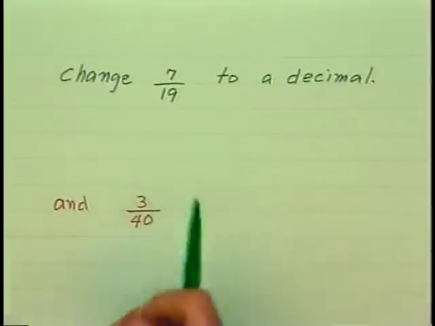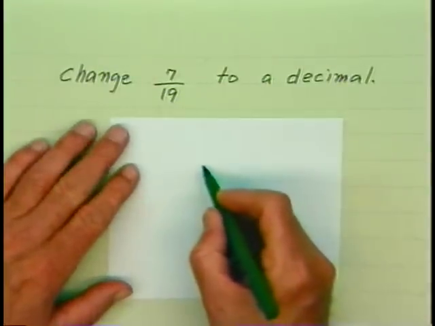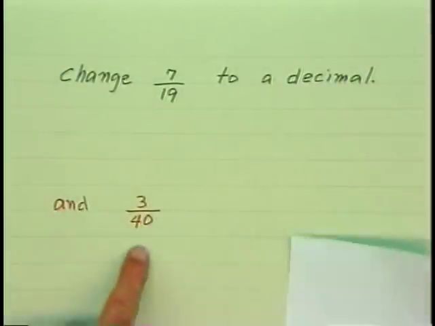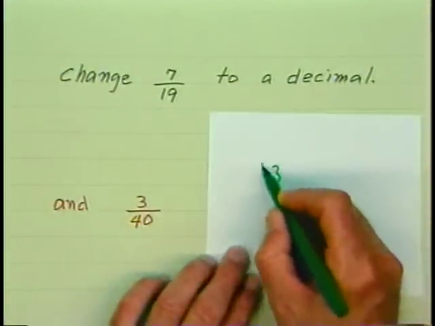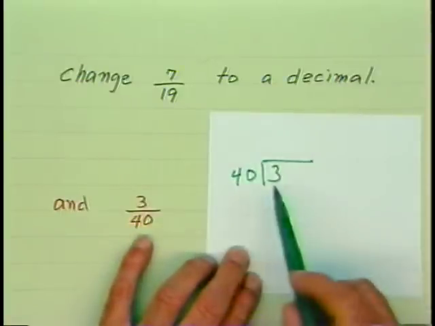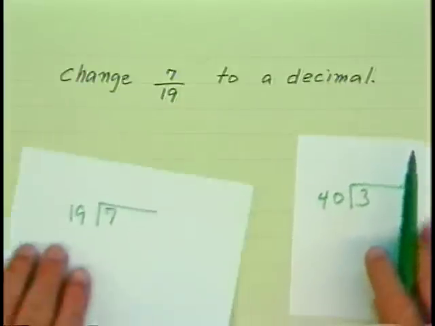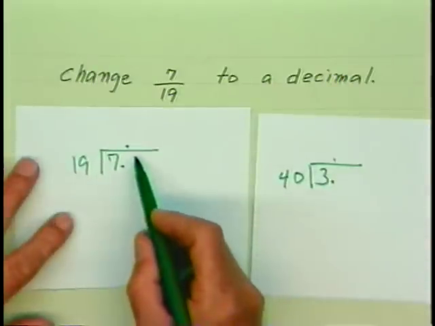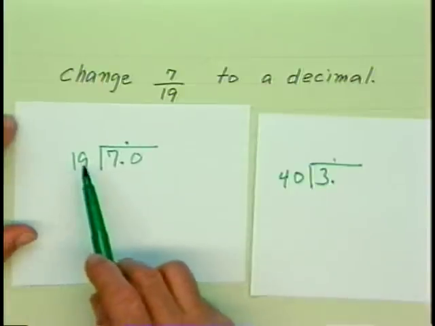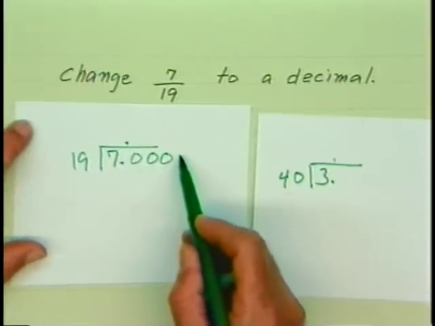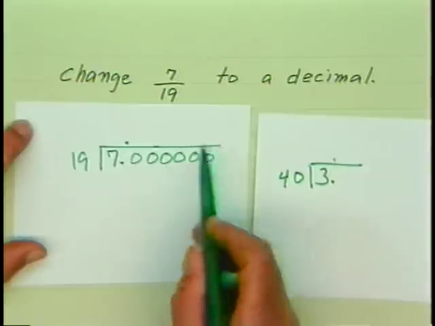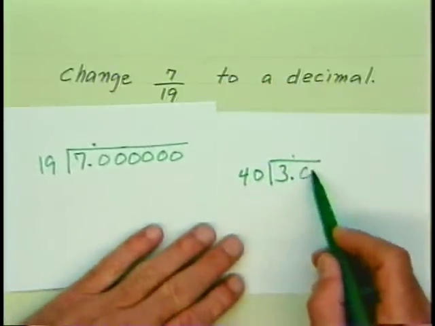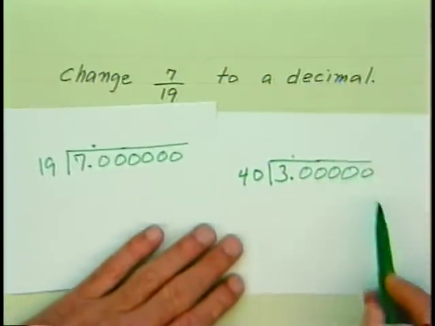Because if you were to do that by performing the division, in this case 7 divided by 19, or in this case 3 divided by 40, we now need to realize that as I do either one of these, I will get either a decimal that goes on forever, with a repeating cycle, of course, somewhere in it, or a decimal that might go on a very long way.